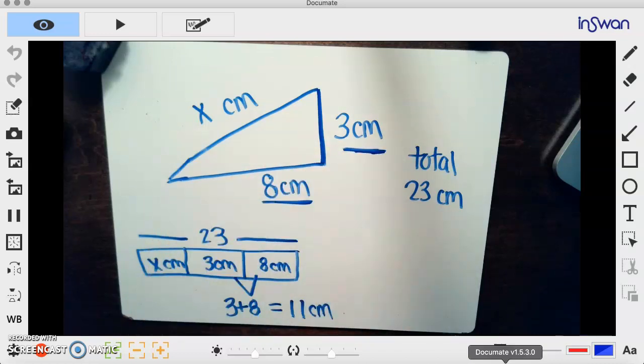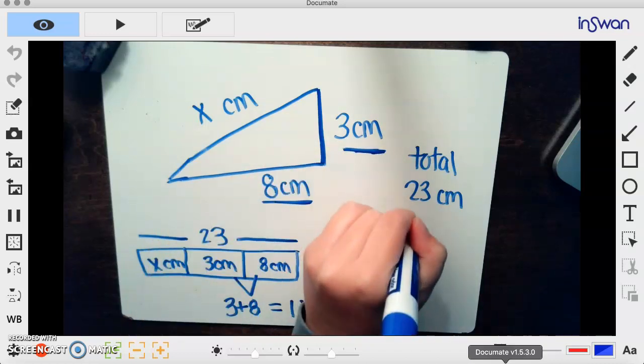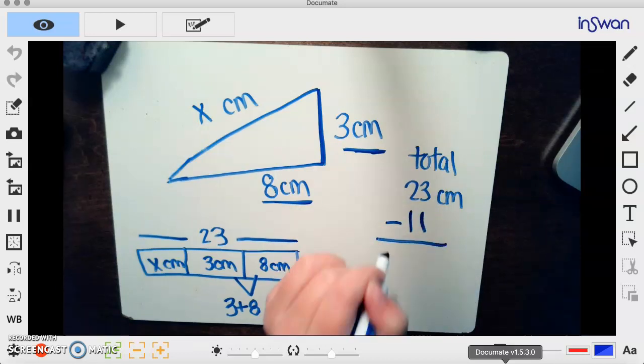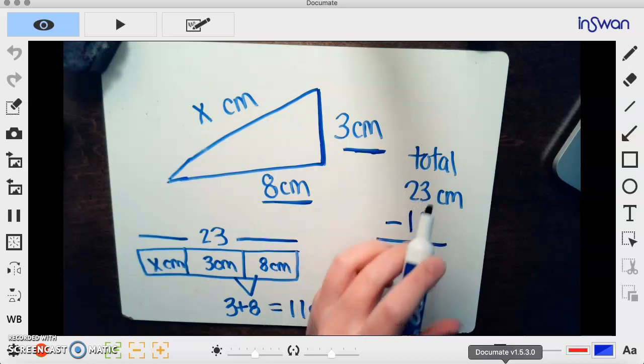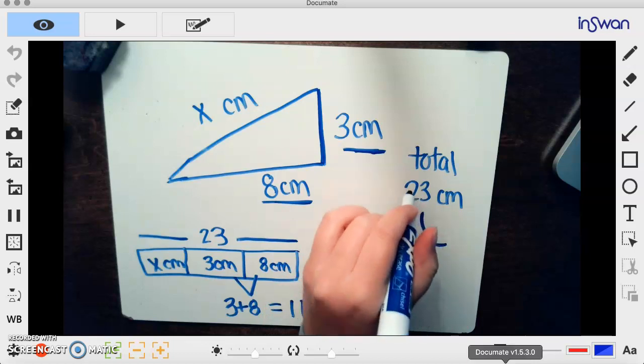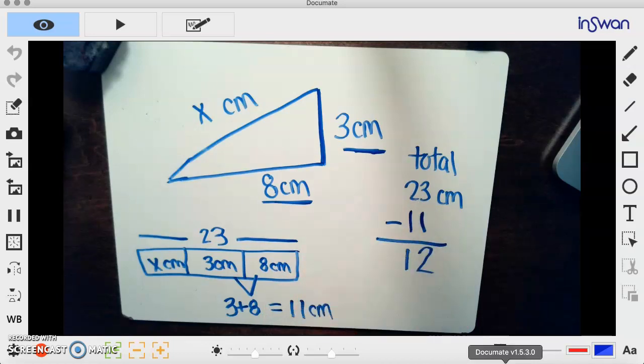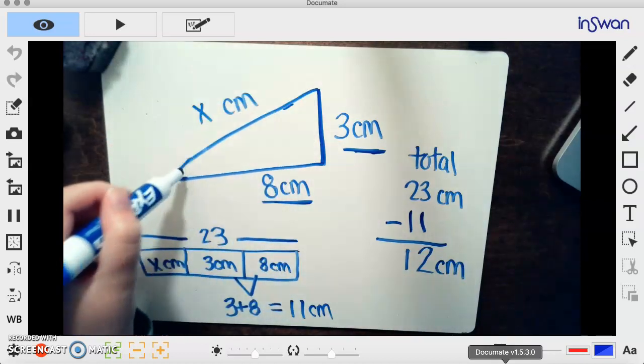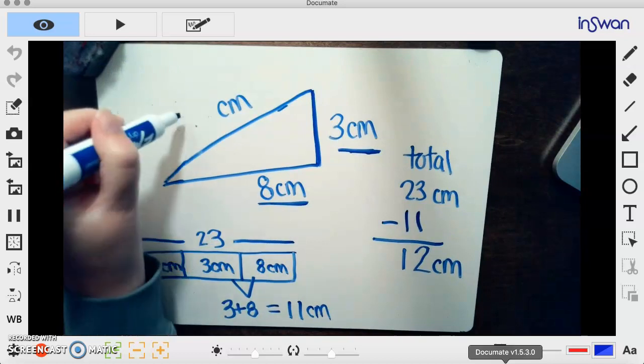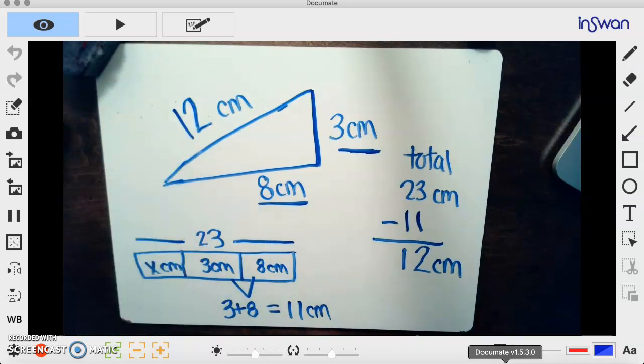So now I can take my total, 23, and subtract 11 from it. So 3 minus 1 gives me 2. 2 minus 1 gives me 1. And I'm ending up with 12 centimeters. So this missing length right here is equal to 12 centimeters.